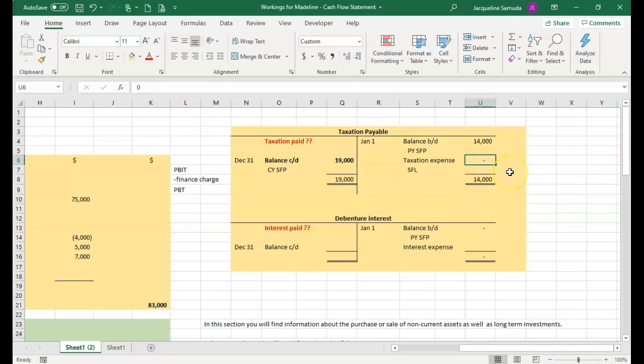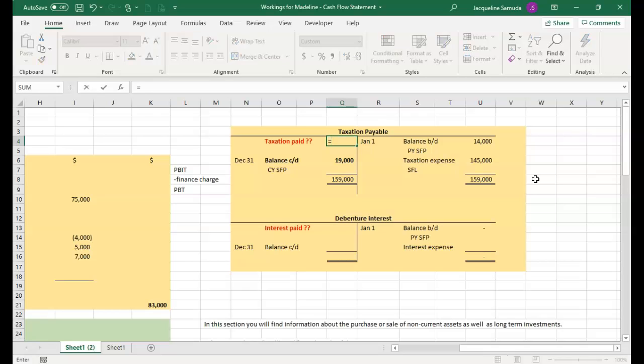So when I jump to the statement of profit or loss, the taxation was $145,000. So the credit side of this account comes to 159. So let's put it at 159. So the taxation paid is the difference, that figure that when included would make the debit side also come to 159,000.